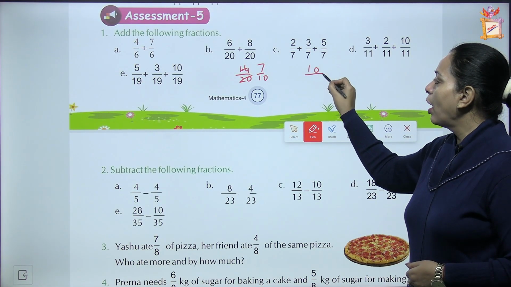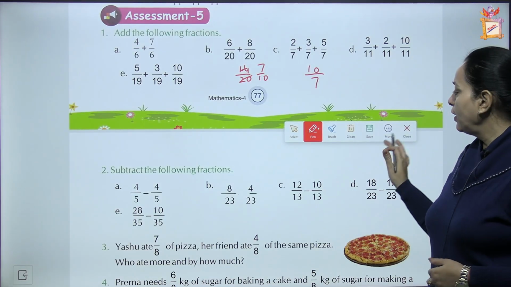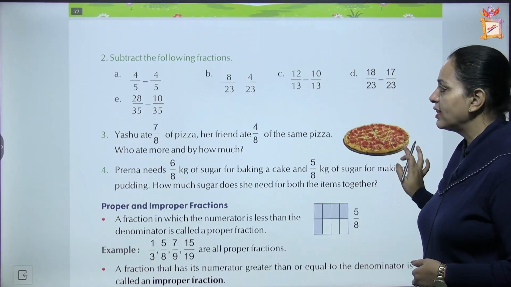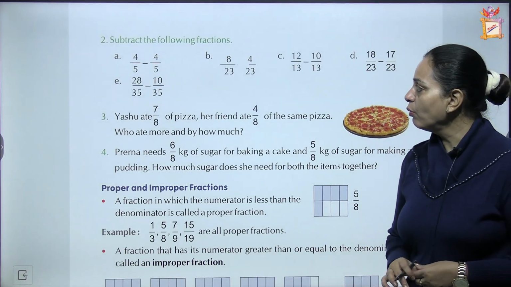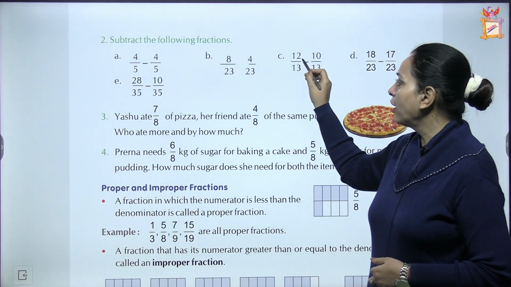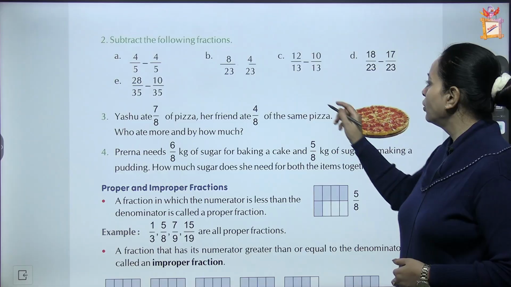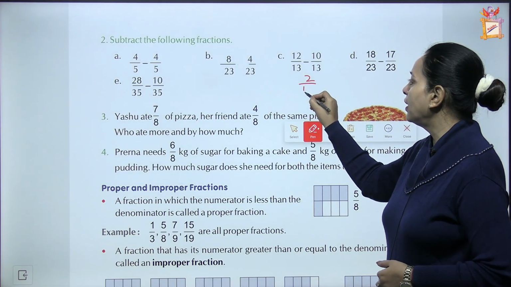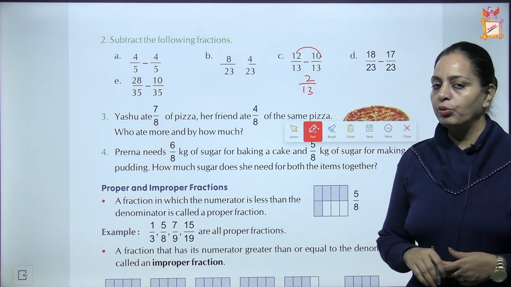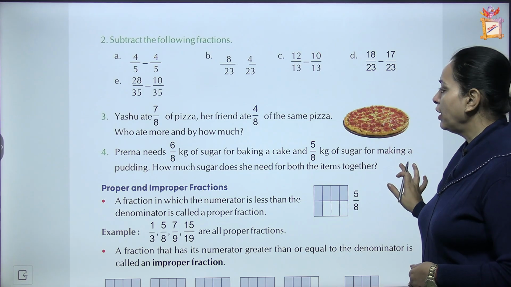So 10 upon 7. Similarly, we can try remaining parts. ऐसे subtraction है. The second one, like here, C part 12 by 13 minus 10 by 13. So what will you get? 2 upon 13. Simply subtract the numerators. You can try remaining parts.